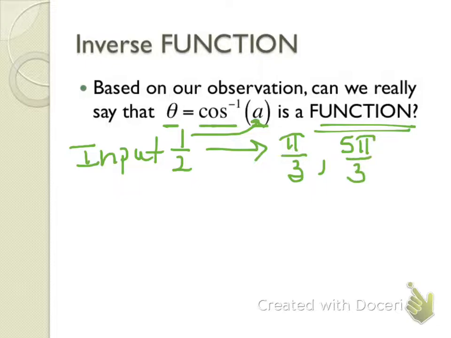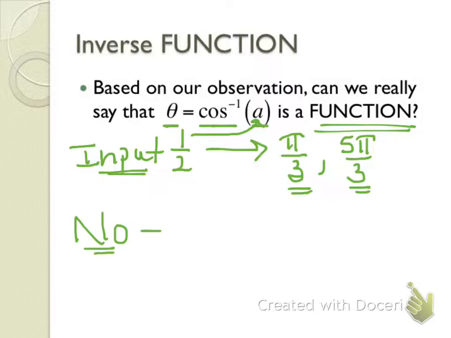And that was just in one rotation. Again, we might even have more possible angles that would give us a 1/2. So for this single input, I'm getting at least 2 different outputs. Does that meet the definition of what a function is? Well, hopefully you remember your definition of a function and you realize that no, it does not.